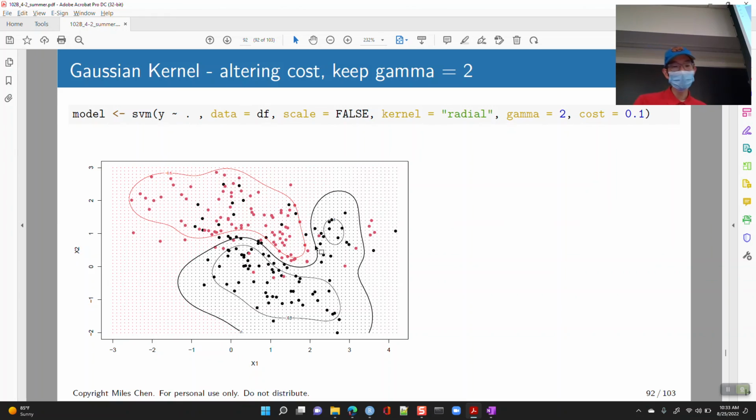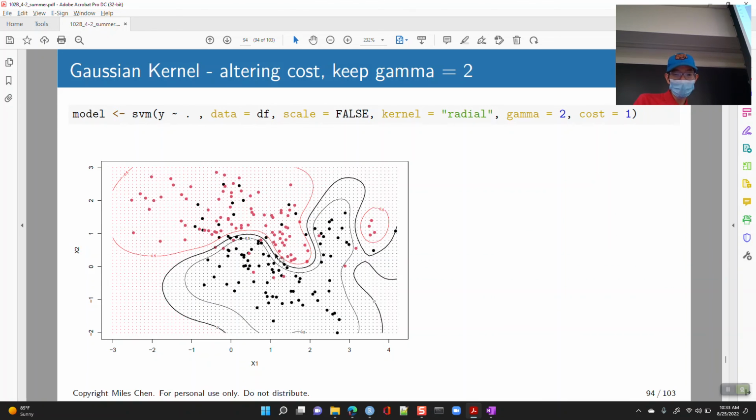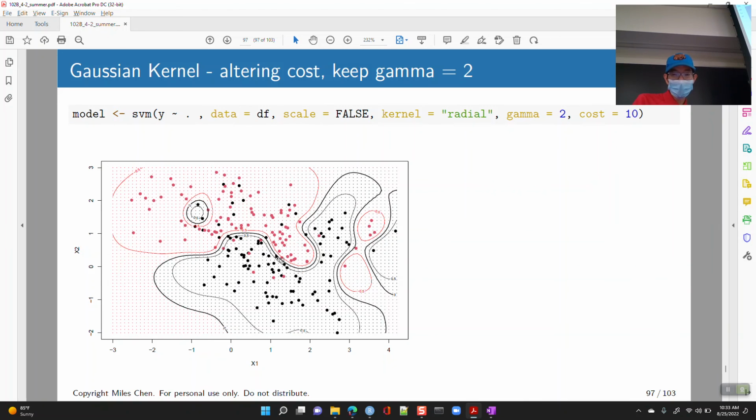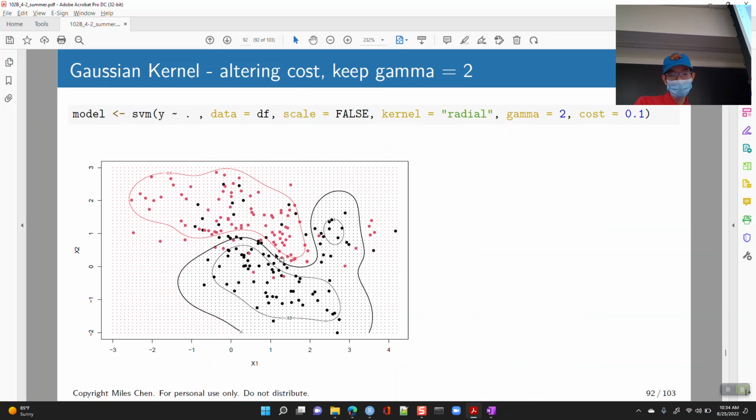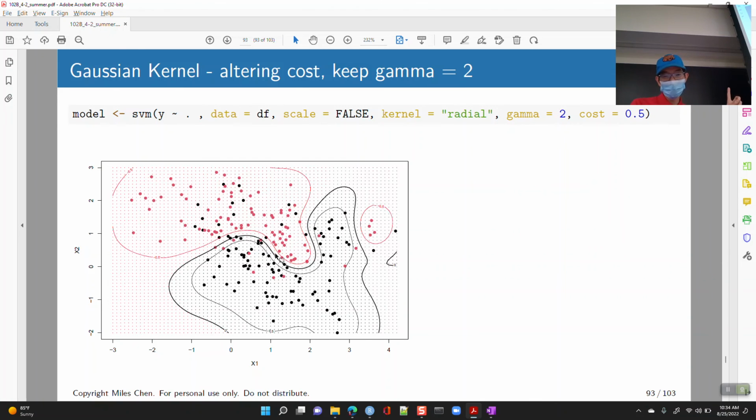And as I alter this, here I have gamma at a higher value, giving us more flexibility. Even though my cost is low, I'm doing a decent job. And as I increase the cost, the overall flexibility and twistiness of this cable, forgive the analogy here, remains similar, where I keep gamma equal to 2.